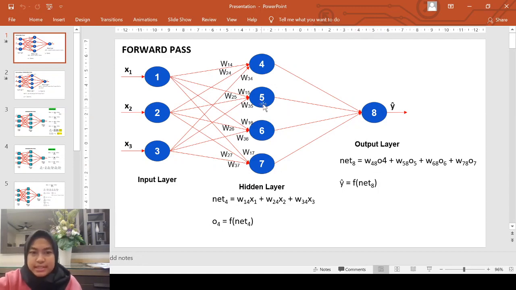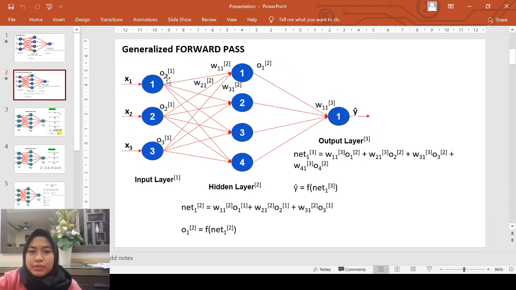This is the same as before: we multiply the weight W48 with the output of 4, plus the weight W58 with the output of 5, and so on. Lastly, to get the output of node 8, which is y hat, we calculate the function f with the variable net 8.